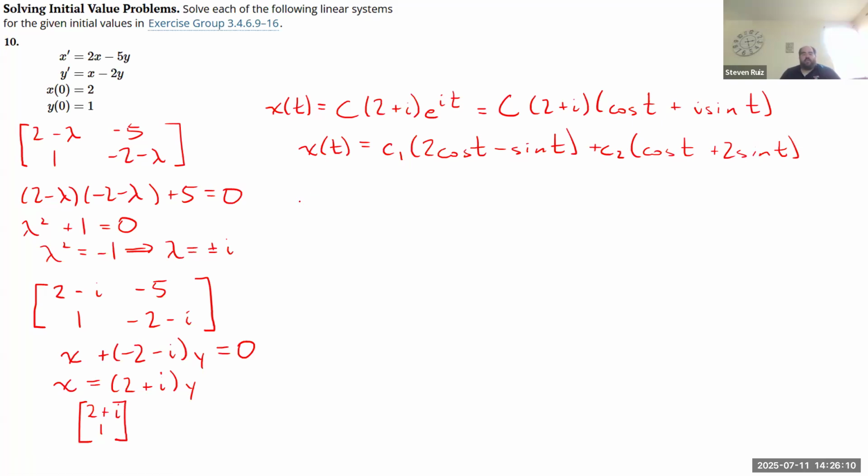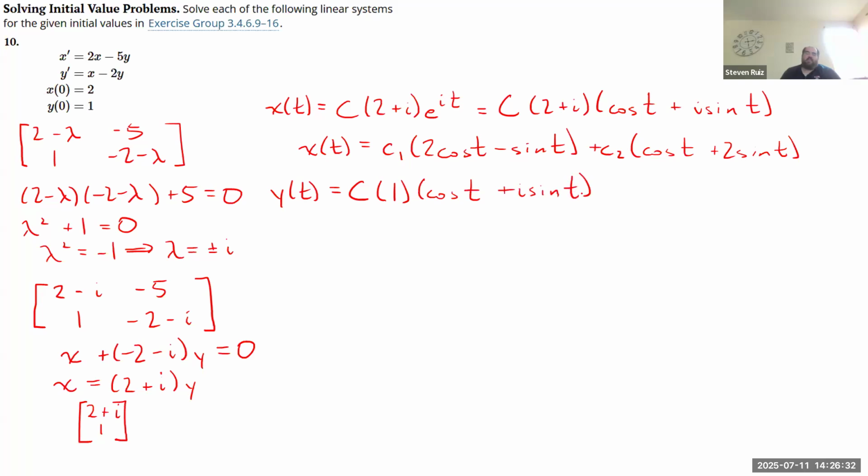So there's a good solution for x. What's y going to look like? y of t is going to equal big C times the y-coordinate of my eigenvector, which is simply 1, times e to the it again, so that'll be cosine t plus i sine t.